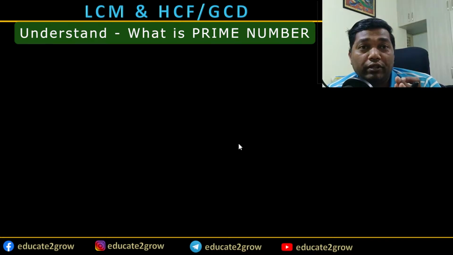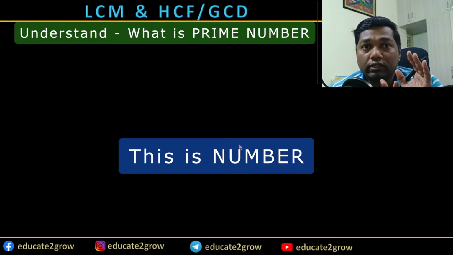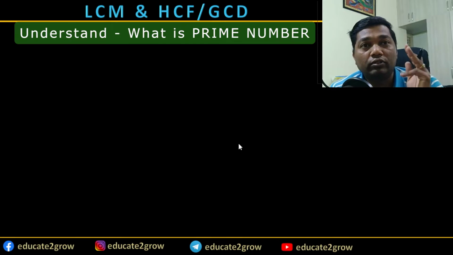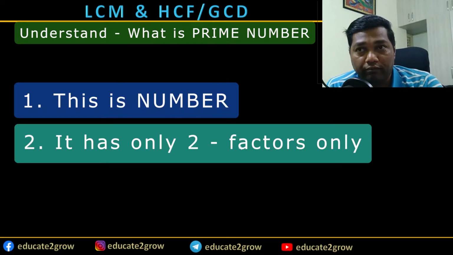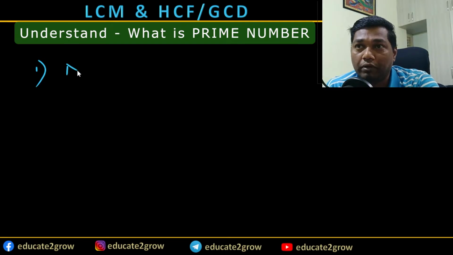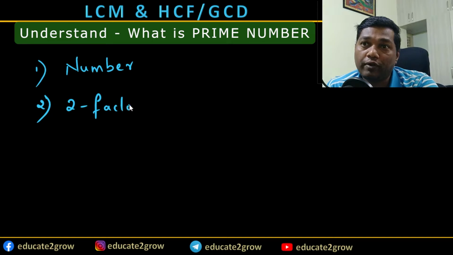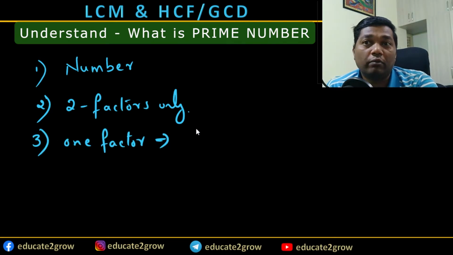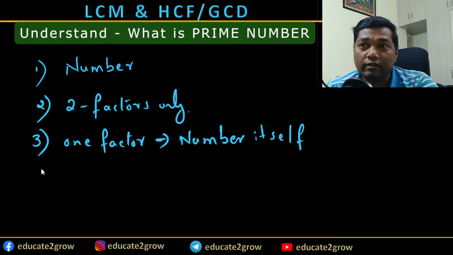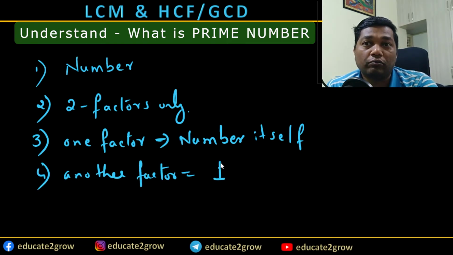Let me explain prime numbers in a simple way. First, it is a number. Second, it has only two factors, and one factor is always the number itself, and the other factor is always 1.